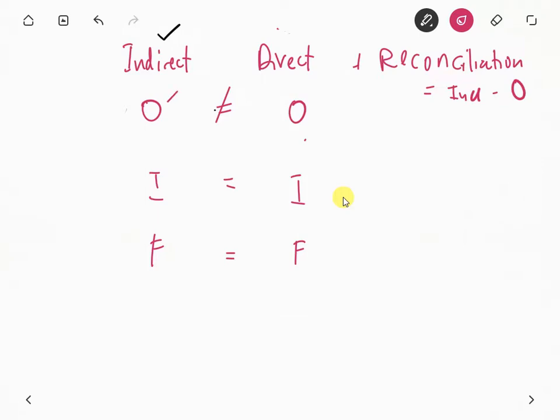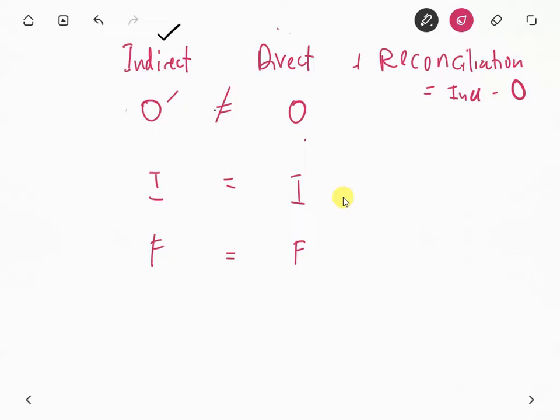Repeat: if it's indirect method, OIF, cash and cash equivalent, done. But if you are asked to prepare direct method, the method will be slightly different, and on top of that, you must prepare reconciliation.